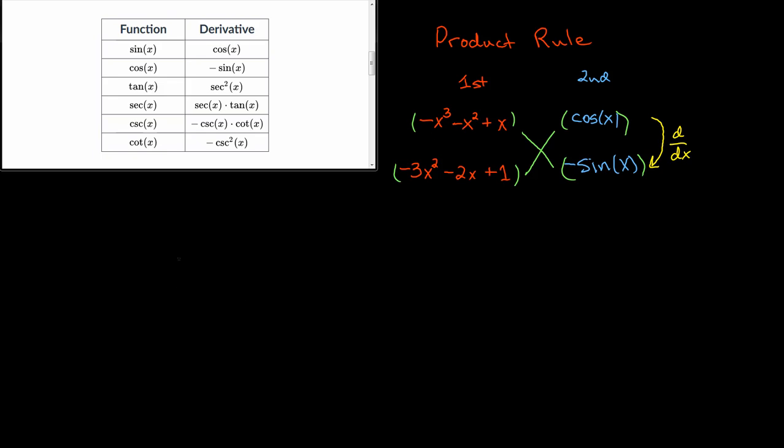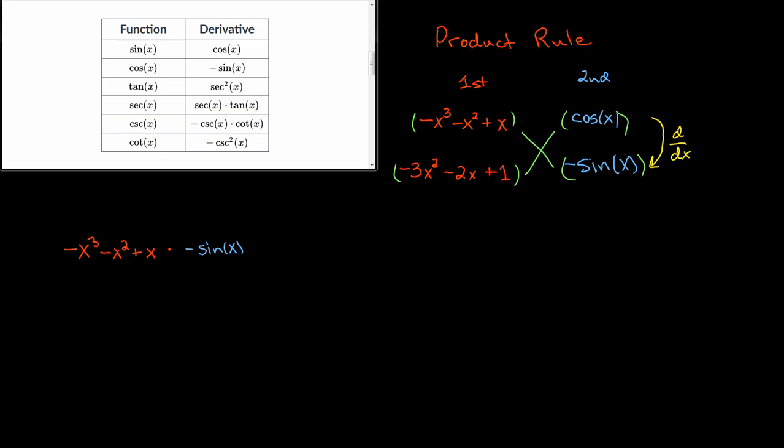So the first function is negative x cubed minus x squared plus x. And I'll make a point here: these parentheses are really important, because let's see what happens if I don't put them. Then I'm going to put a multiplication sign here and multiply by a negative sine of x, so I'm doing the first function times the derivative of the second function.